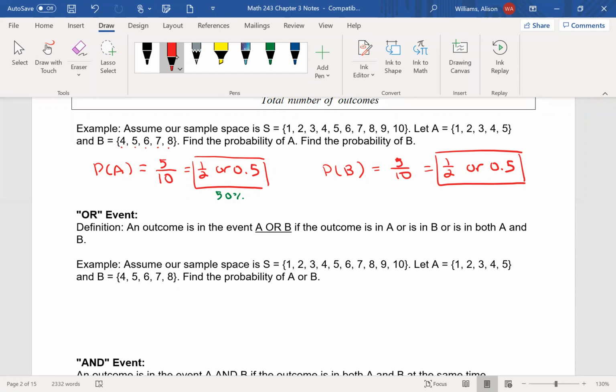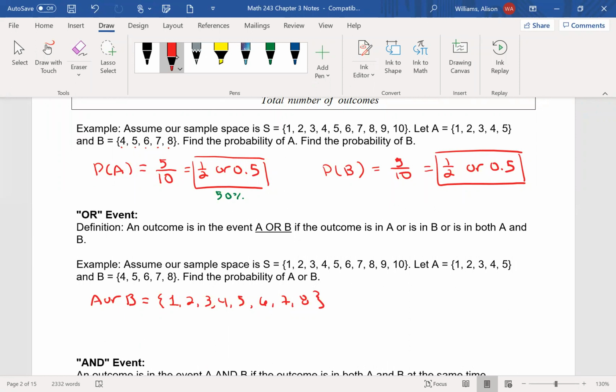So I'm going to start by listing what A or B is. A or B would be all the numbers 1, 2, 3, 4, 5. That's A. Now B picks up with 4 and 5, but I'm not going to repeat that, since 4 and 5 are already listed. So I'm just going to list 6, 7, 8. If 4 is in both sets, I'm not going to list it twice.